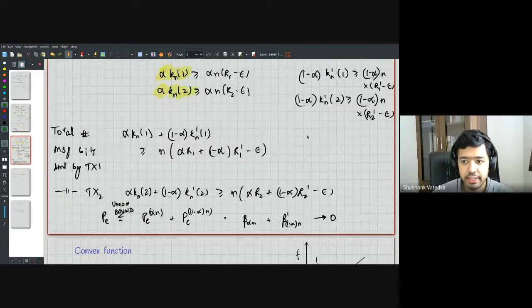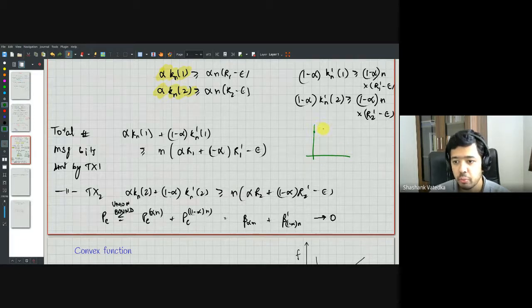Note that TDMA is a special case of this, where point A was basically this point where only user 2 would transmit, and point B was when only user 1 was transmitting and user 2 remained silent, and TDMA gets you any point along this line.